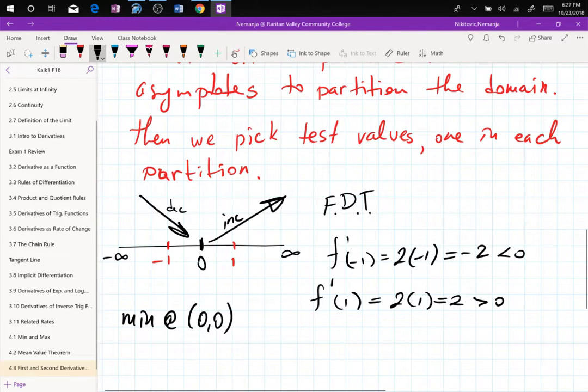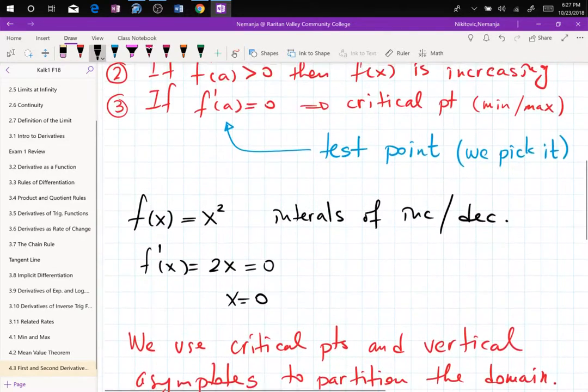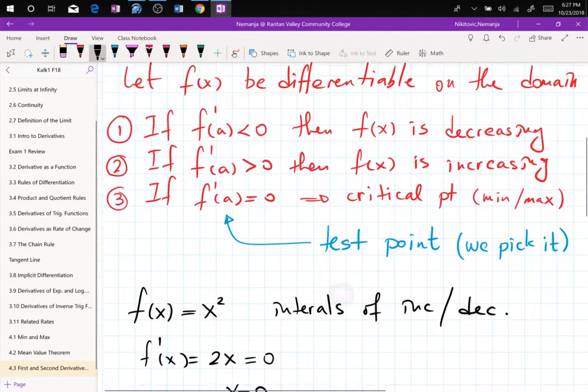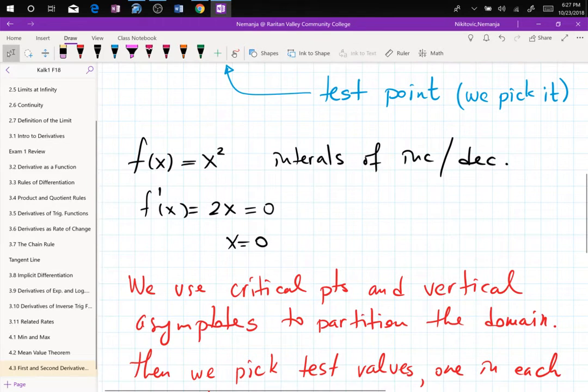Very good effort. So that's what we have. We have a theorem, and we have a procedure. Procedure simply says, figure out your critical points, and you know your asymptotes. So critical points plus asymptotes partition the entire domain.